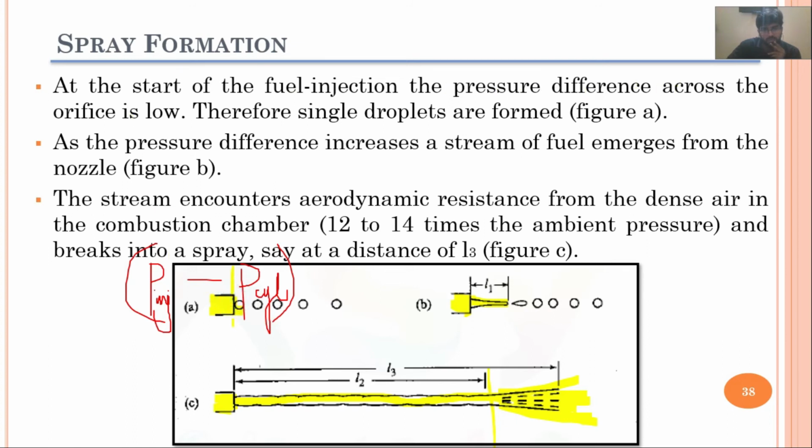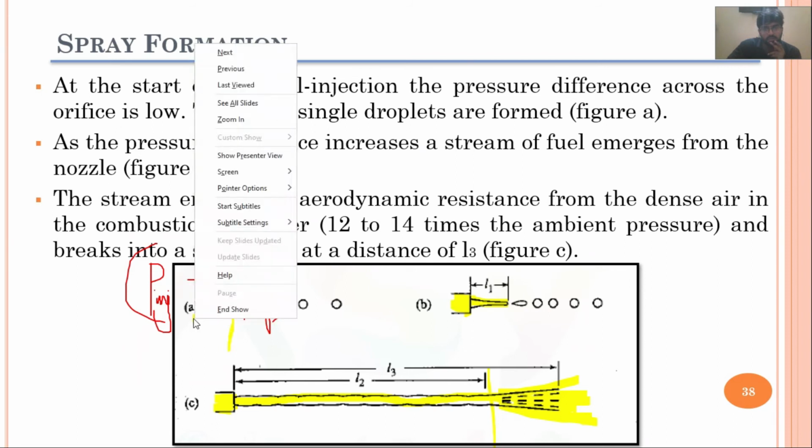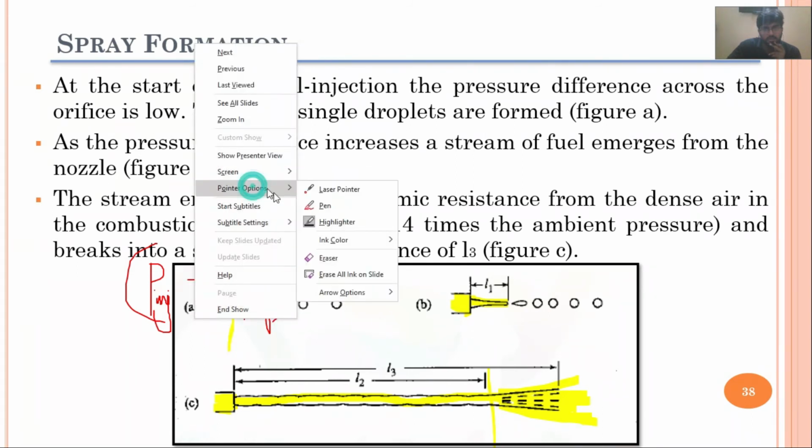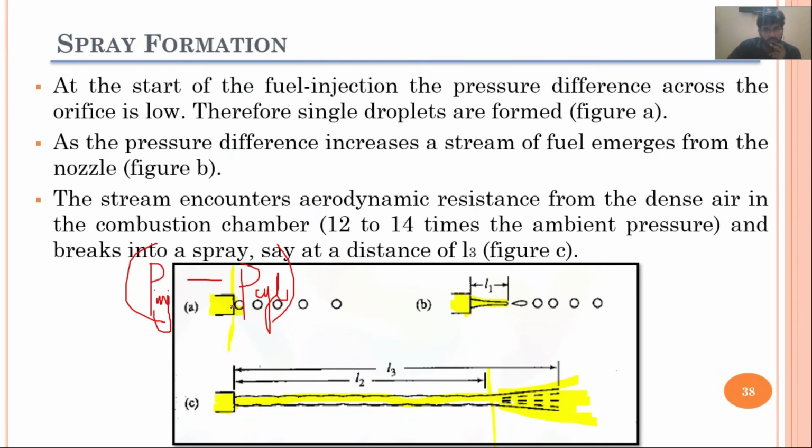This is our orifice, and here you can see that at this point before the orifice we have the injection pressure, and after the orifice we have the cylinder pressure.